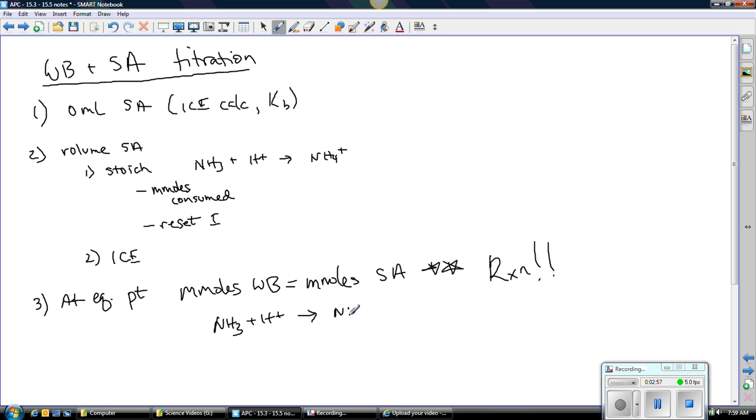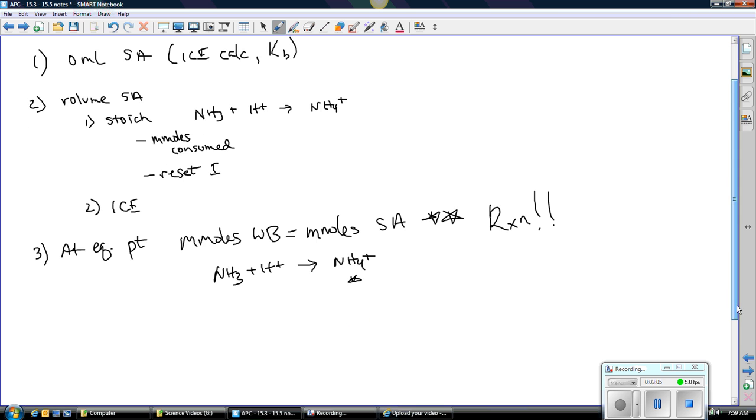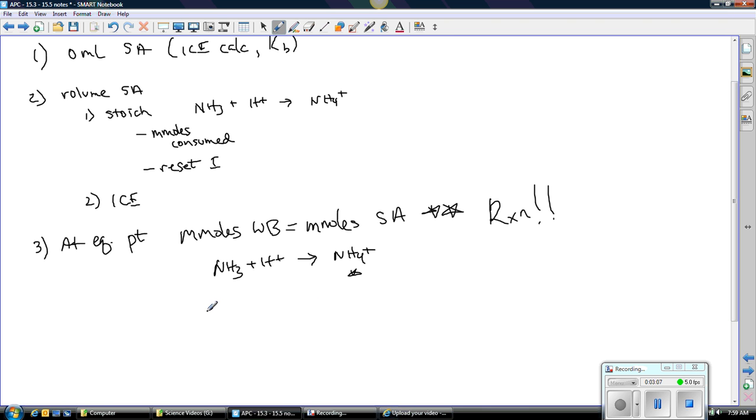We now have ammonium. So we have a certain amount of ammonium ions present because of adding the strong acid, and they are now going to start reacting with water and shift back to ammonia.